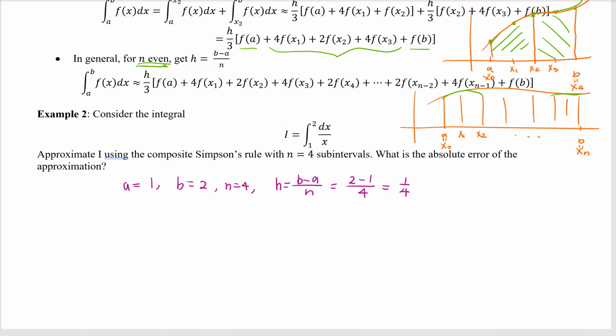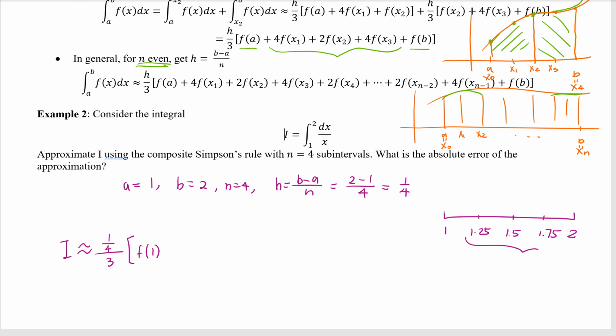Then let's see. We have the interval 1 and 2. We divide it into 4. And this is 1.5. This is 1.25. This is 1.75. We have the same points as before, right? And so I is approximately h over 3, so 1 over 4 over 3. And then we have f of 1 copy.